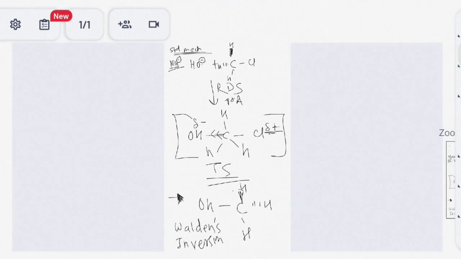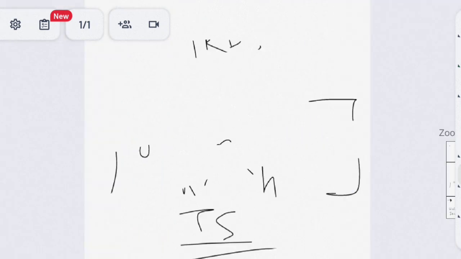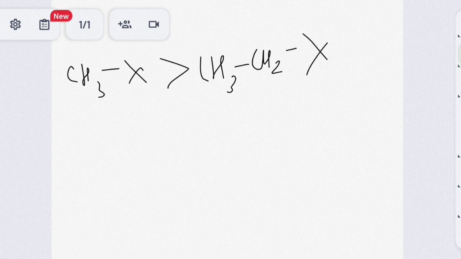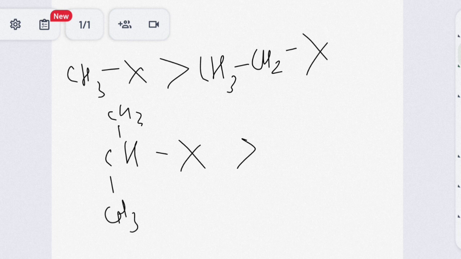So this was about SN2, and one more important thing to remember about SN2 is that the reactivity of the substrate is in this order. It has a very obvious reason, because here CH3X, and here we have just methyl, and methyl.